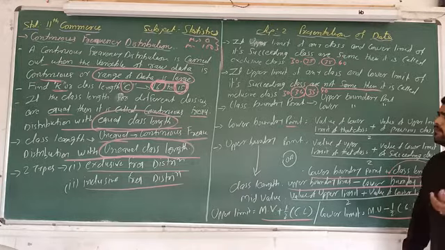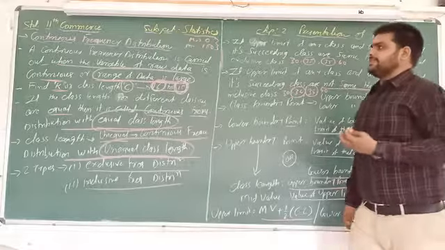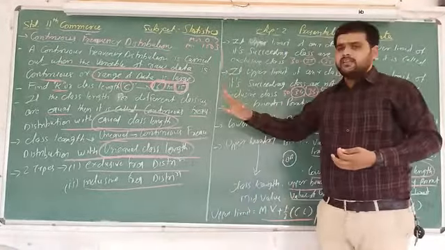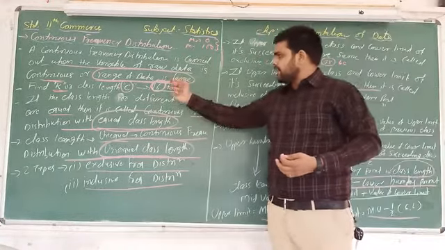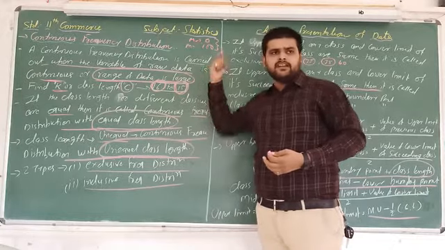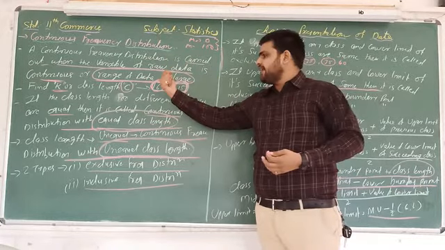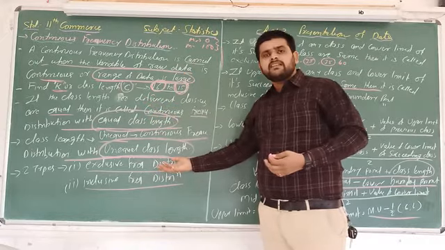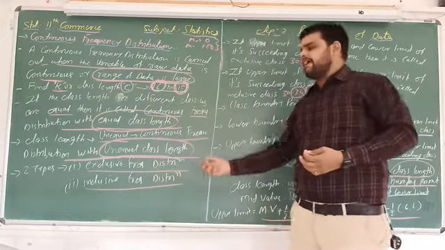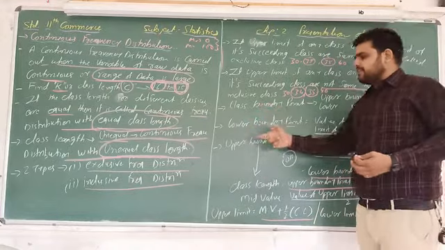So what we learned: first the example of frequency distribution, then continuous frequency distribution, with minimum 6 and maximum 15. It is used when the data is continuous or the range of data is large. Then equal and unequal class length continuous frequency distribution, and two types, exclusive and inclusive.